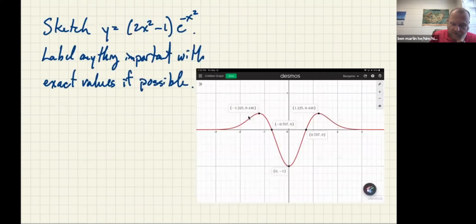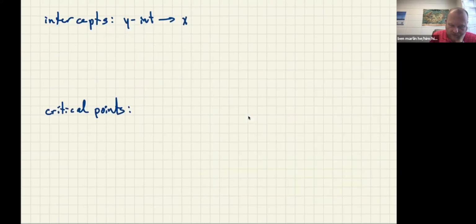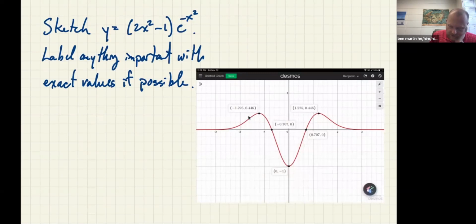Going back to the original function, x being equal to 0 says that y is going to be equal to 2x squared minus 1 times e to the minus x squared, so e to the 0, so that's minus 1. So the point is (0, -1), and that is, in fact, this point down here.